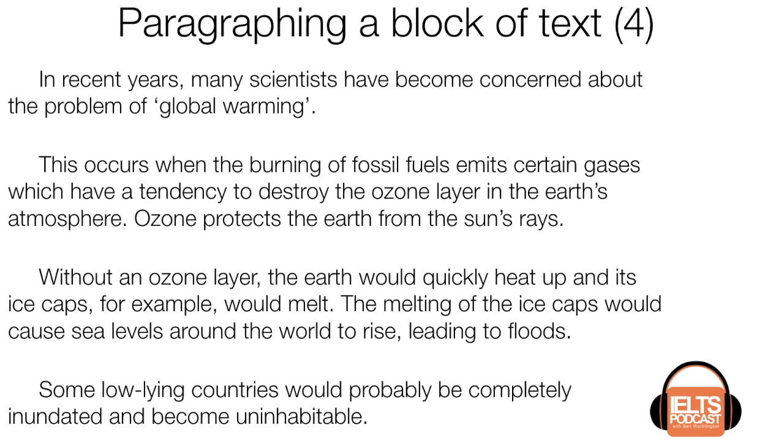Also, hopefully, you'll have noticed for those watching the tutorial that we have a similar point in the second paragraph. Okay? There's a paragraph break between "ozone protects the earth from the sun's rays." That's the last sentence of the second paragraph. Then, "Without an ozone layer, the earth would quickly heat up and its ice caps, for example, would melt."